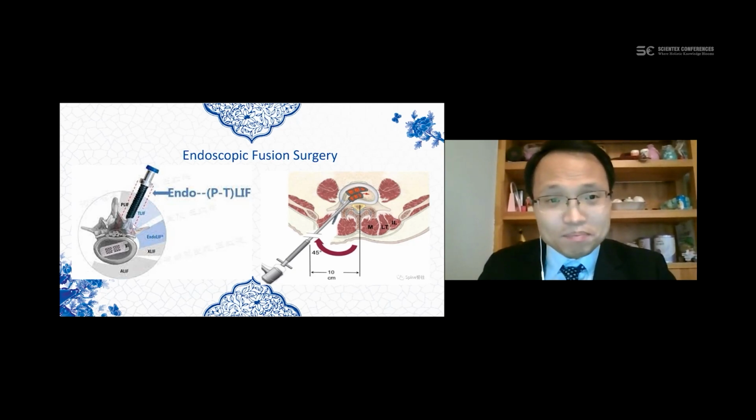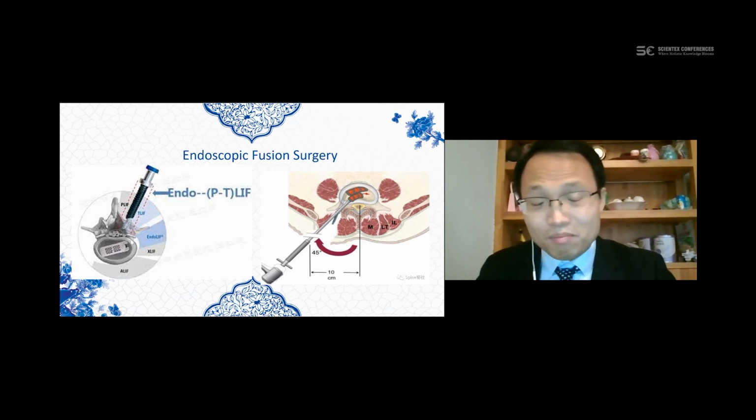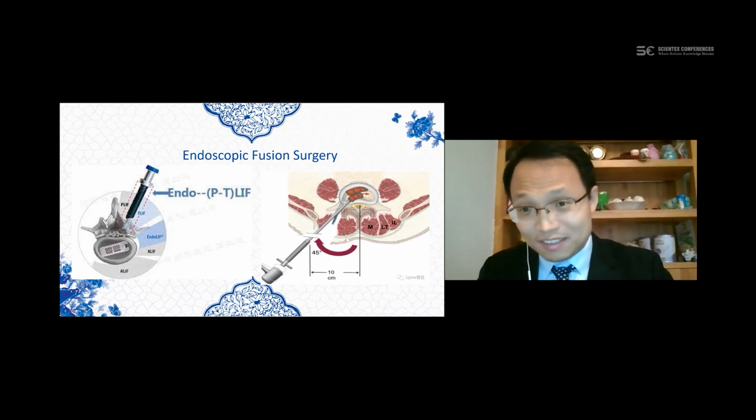One is PLIF, the posterior lumbar interbody fusion, and the other is TLIF. TLIF means transforaminal, more on the lateral side. Now, endoscopic surgery is a mix of it. It can finish the fusion surgery between the borders of PLIF or TLIF.